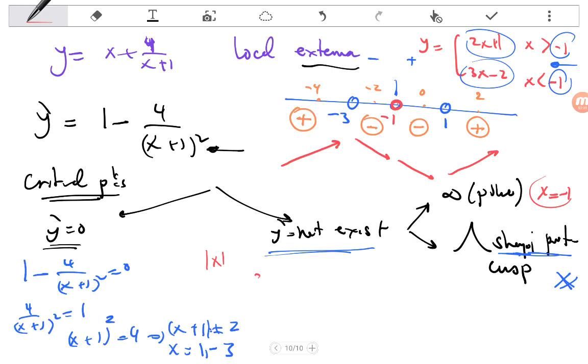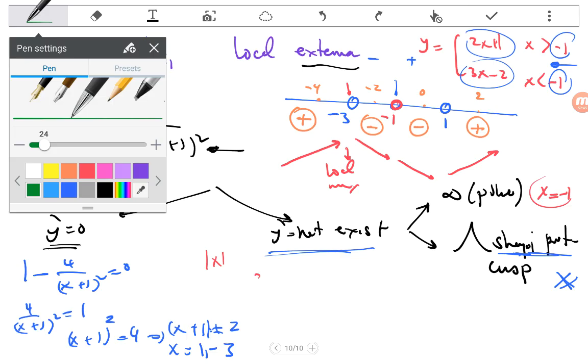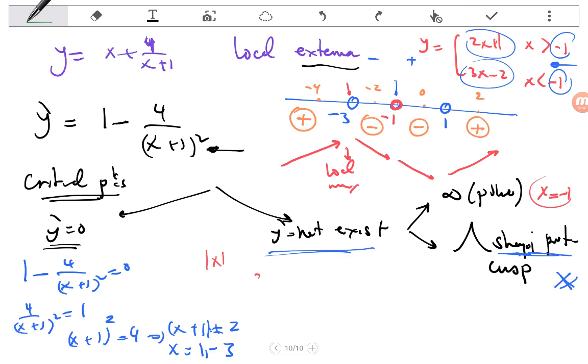Okay? But anyway, the f dash didn't change its sign about the -1. What about the other points? What about this -3? It was increasing, then afterwards it is decreasing. So this point is a local maximum. But at first you must check if this point is in the domain of the function. Yes.